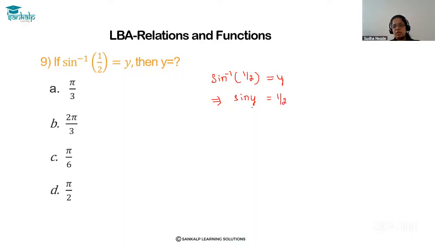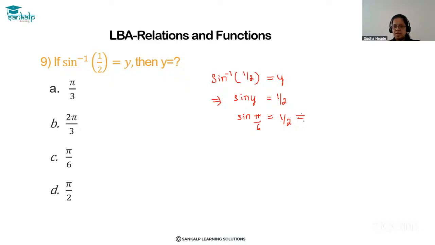For what value of y do you get sine of that angle equal to 1 by 2? You know that sine pi by 6, or sine 30, is equal to 1 by 2, right? Correct? Sine 30 is 1 by 2.